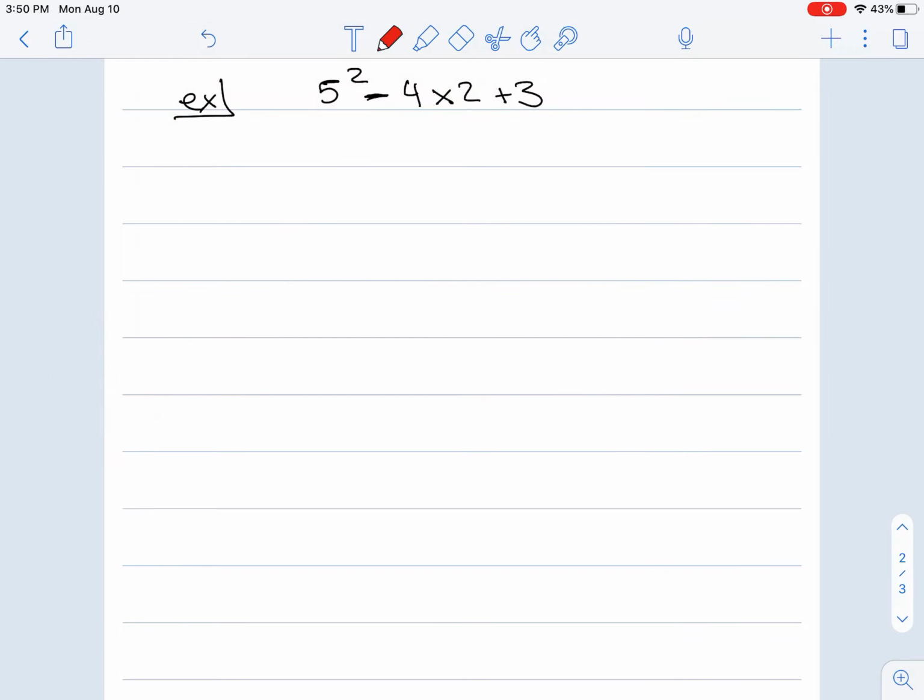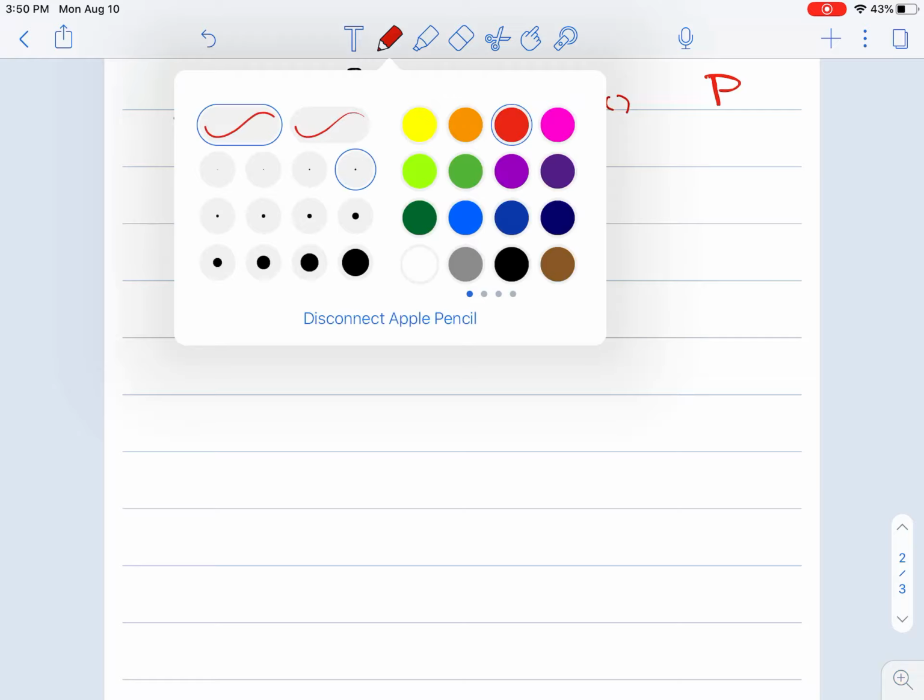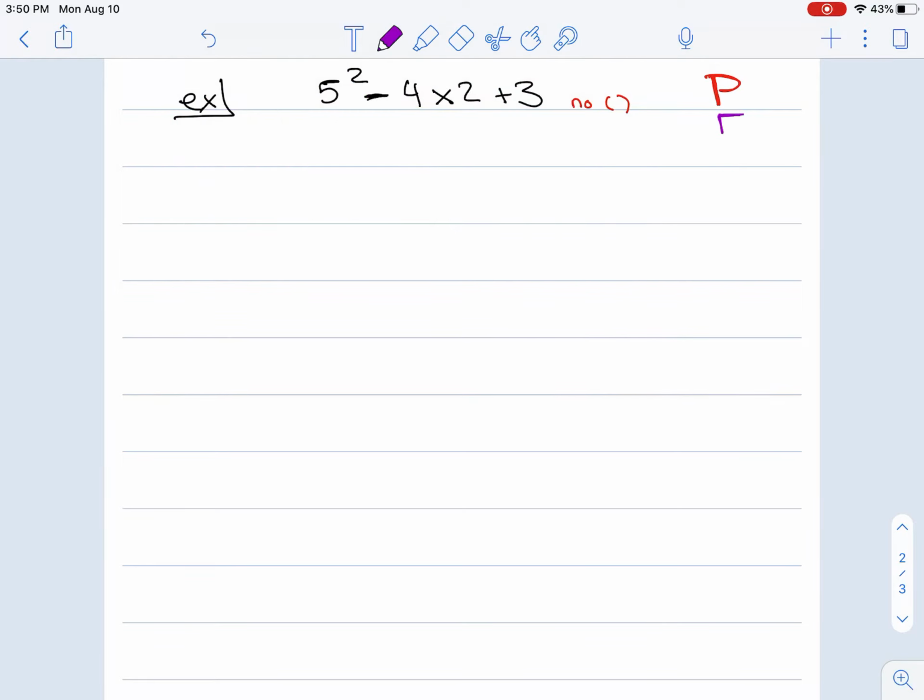Okay, so I'm looking for my P in PEMDAS, and I don't have any. No parentheses. So then what comes next is I'm looking for the E, the exponents. That happens right here. So 5 squared is like 5 times 5. 5 times 5 is 25.